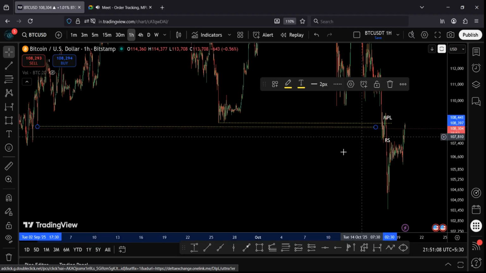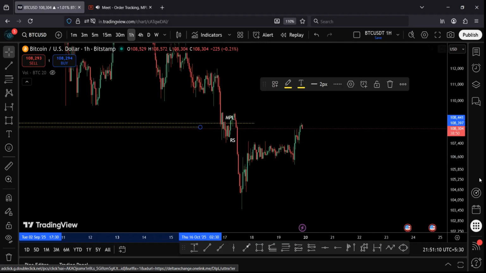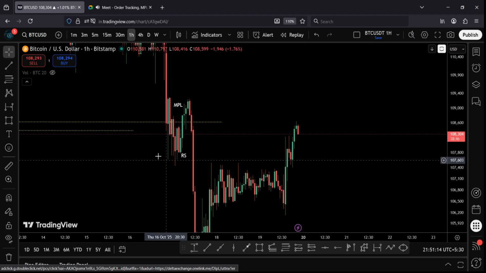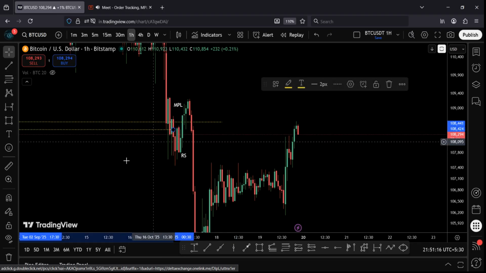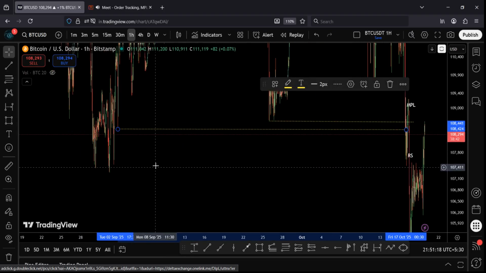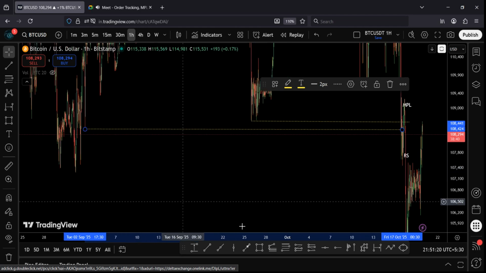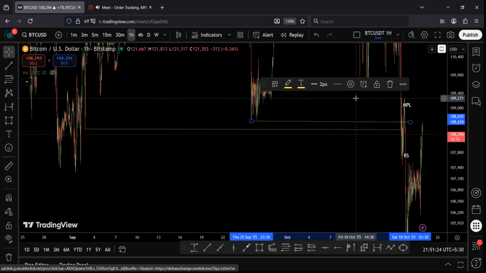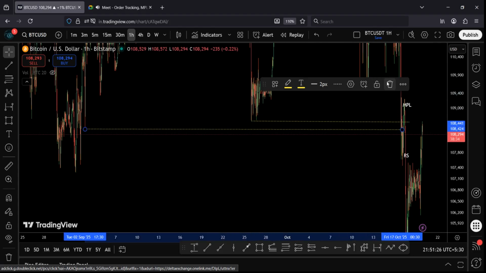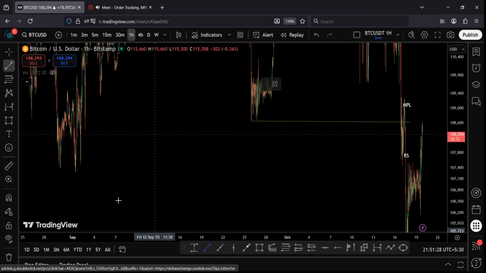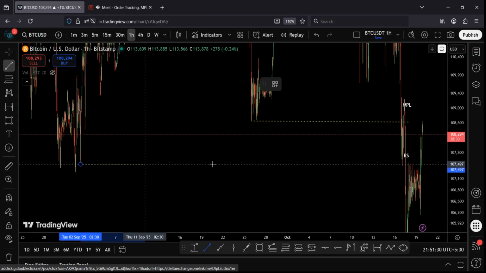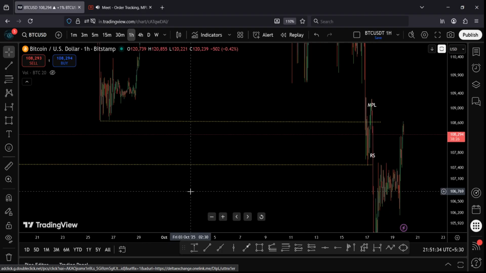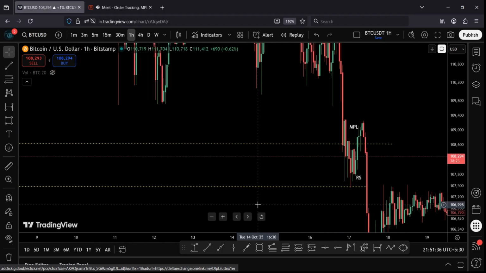Here was support, and price crossed, right? If we look at here, let's clear this, and this is our origin of the move. This origin of the move was engulfed here.